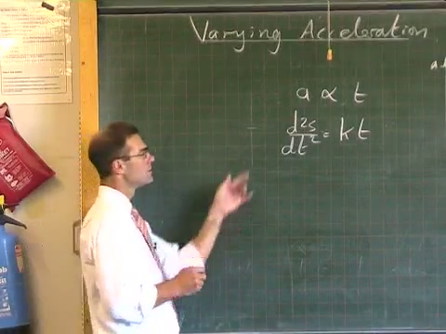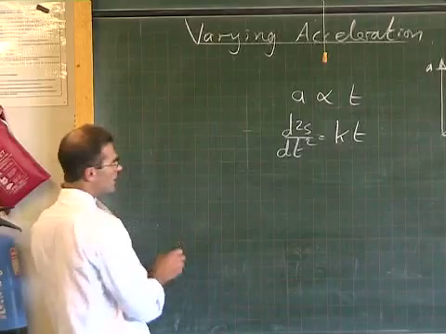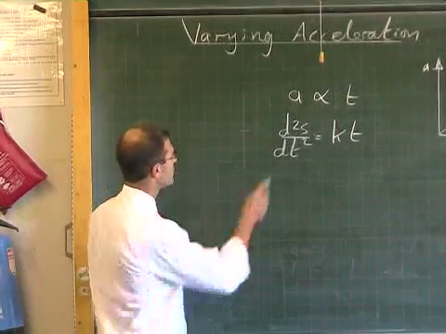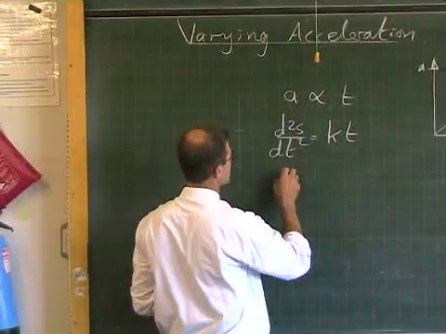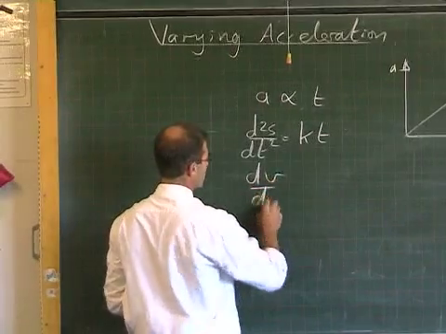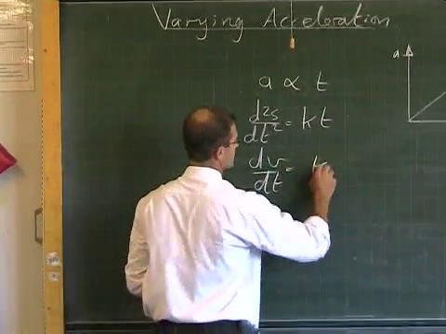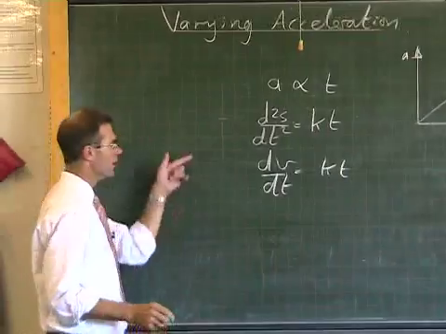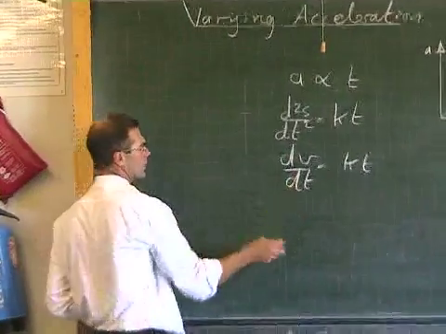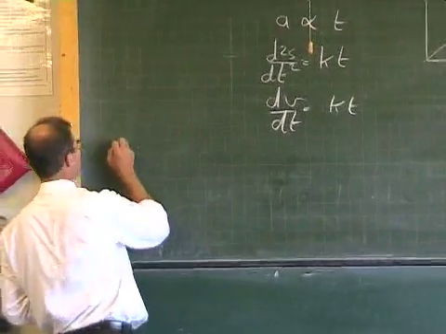If you integrated the acceleration. The acceleration is actually dv by dt, which is k times t. If we integrate that, we'll get velocity.